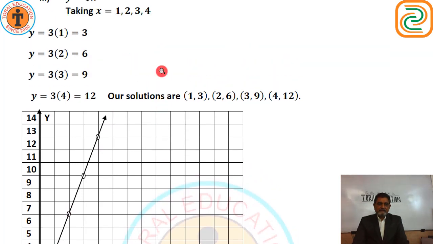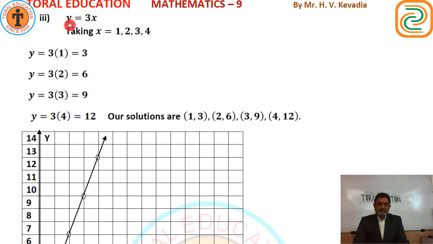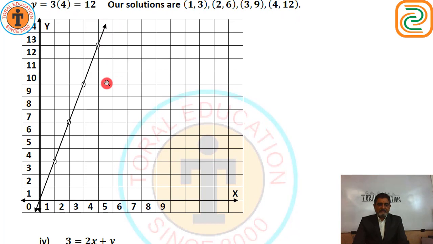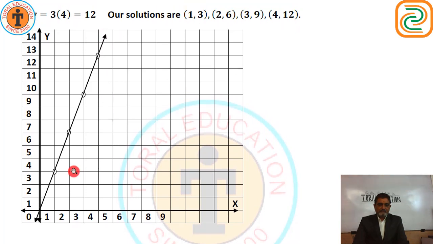And the second thing: look at the equation, there is no constant term, so the graph passes through the origin, that is 0, 0. Here 1, 3: x is 1, y is 3. This is 1, 3. Then 2, 6.